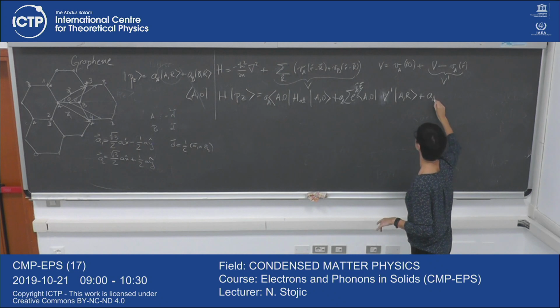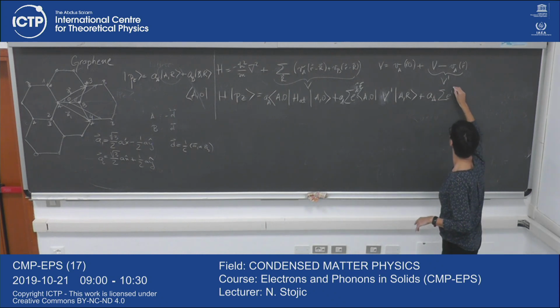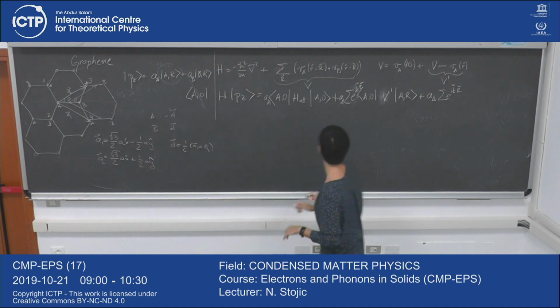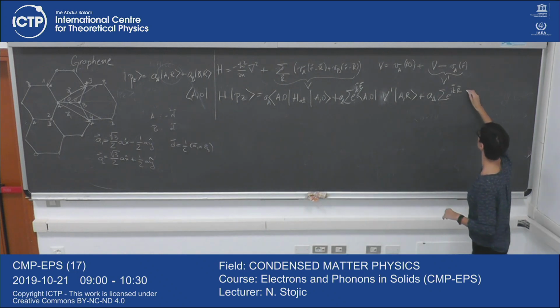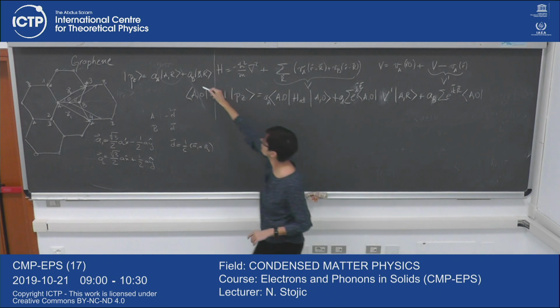And the second part is this A times B, first neighbors. And it won't be anymore A, it will be B. Now it's this coefficient.